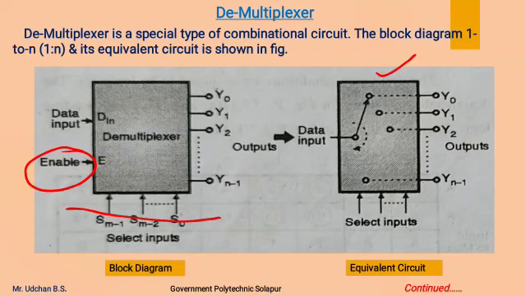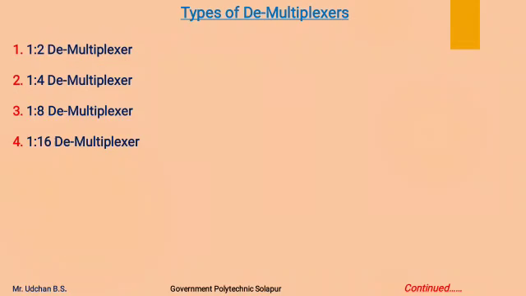This is the equivalent circuit of the demultiplexer, which shows the data input selecting any one of the output lines depending on the status of the select lines, and it appears over the selected output line. Now we will see the types of demultiplexer.